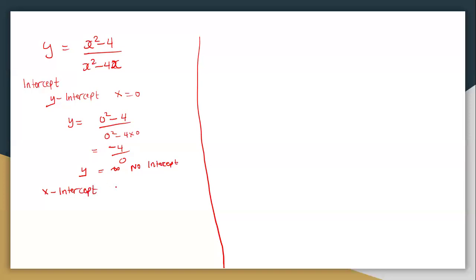For the x-intercept, our y is going to be 0. So we are going to have 0 equals x squared minus 4 out of x squared minus 4x. So there x squared is going to equal 4. So our x will be 2.